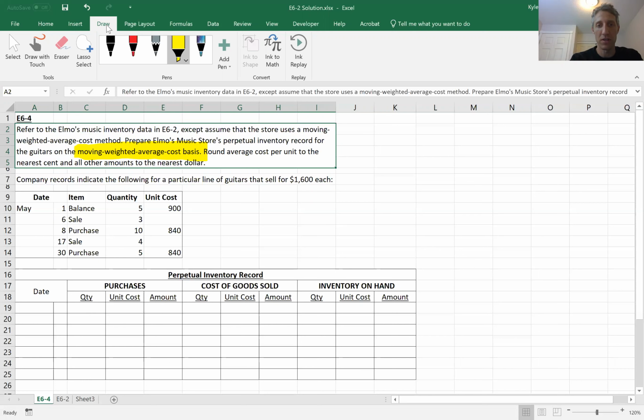Bear with me because I'm writing on a slippery surface, so my writing may not be as neat as it is on the board. And for those of you that work with me in class, you know that sometimes my writing isn't perfect. But what we have here is the average cost. I want a pen.